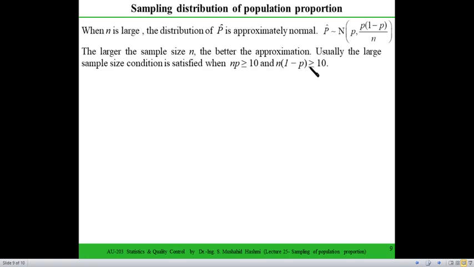If both these conditions are satisfied, then we can use the normal distribution to predict where the sampling proportion is going to lie, because the sampling proportion itself is a random variable, as you are choosing randomly from the population. So the sample proportion is a statistic.